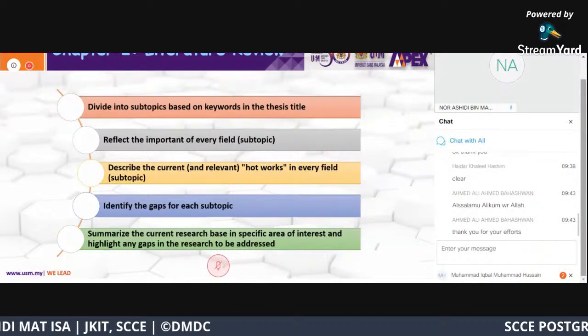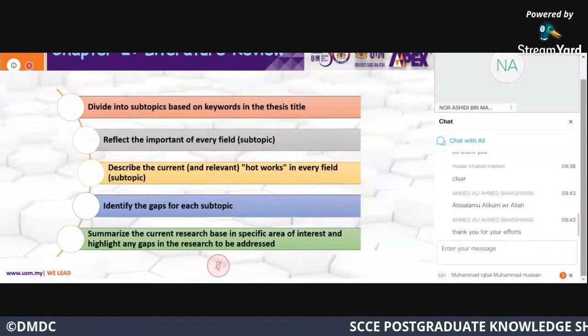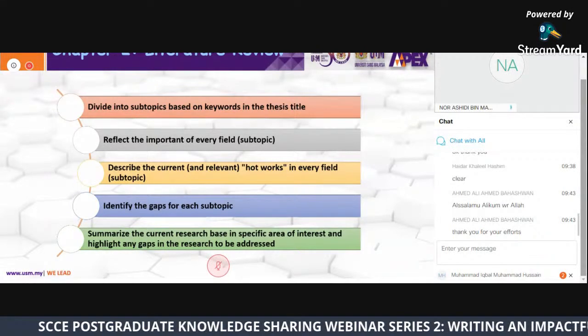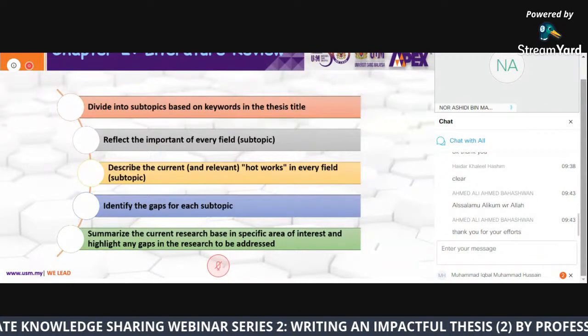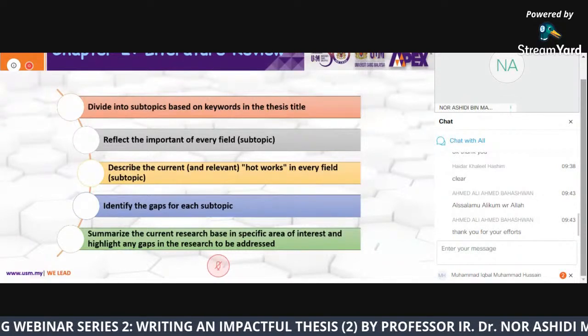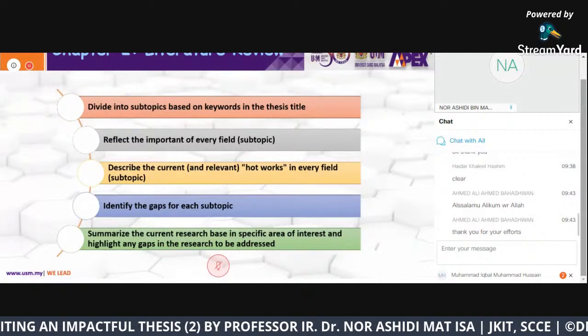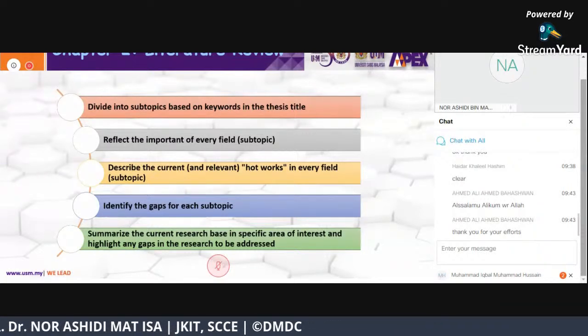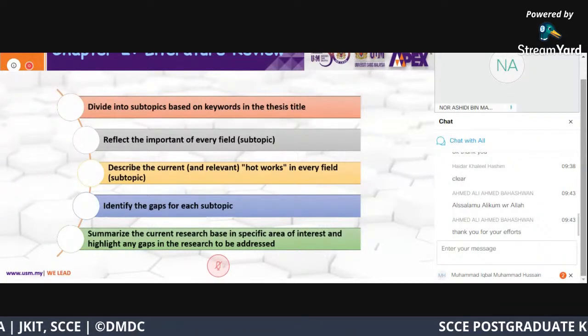The third one: you must describe the current and relevant work. It is not just current, but it also must be relevant. What are the hot, current works in every subtopic?